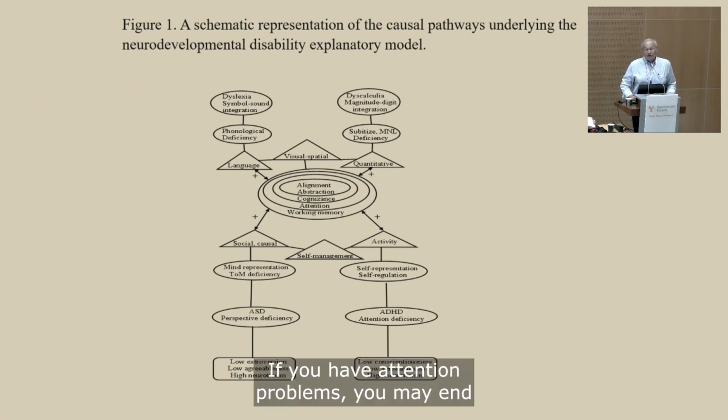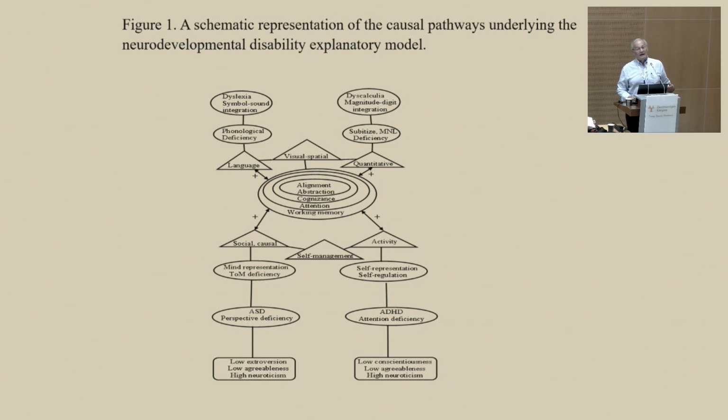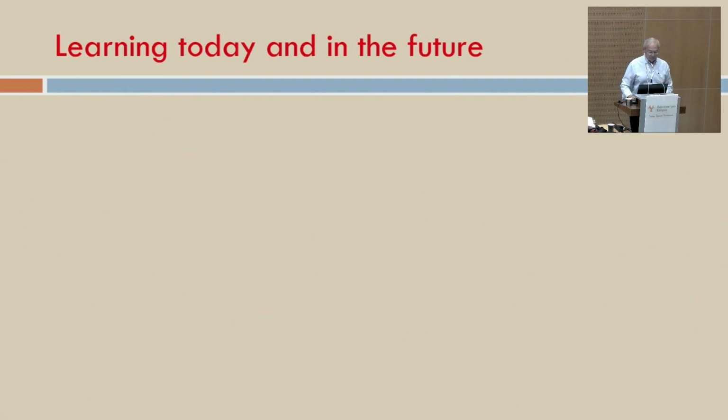If you have attention problems, you may end up in attention deficit hyperactivity disorder. If you have self-representation, self-awareness problems, beyond a certain limit, you may end up in autism, and so on.